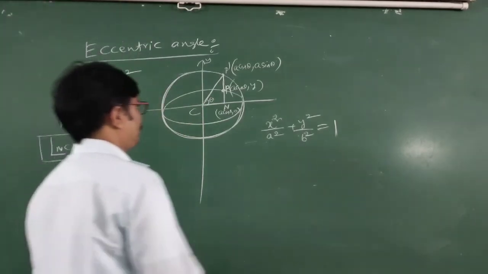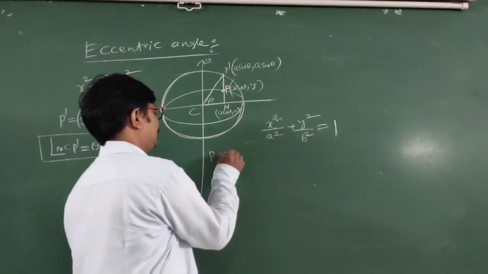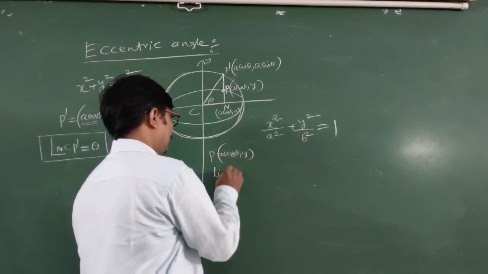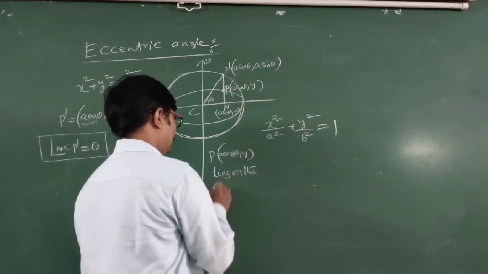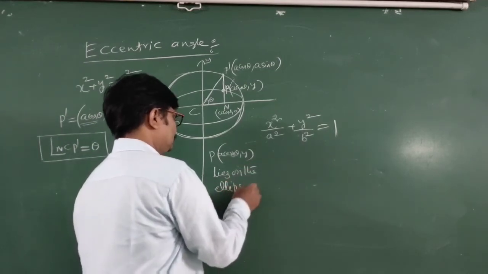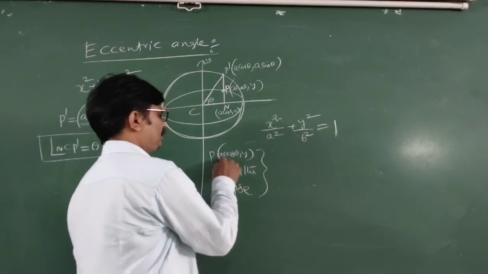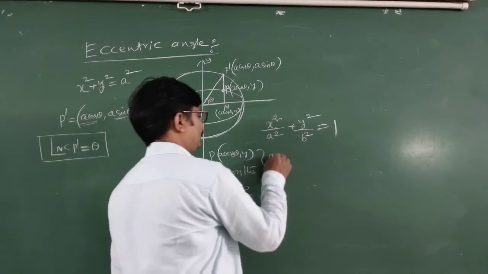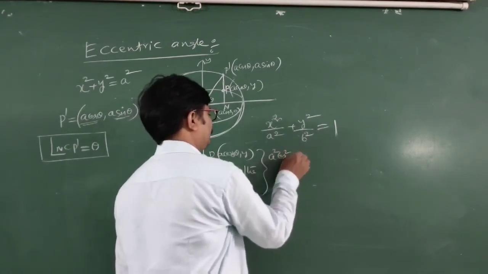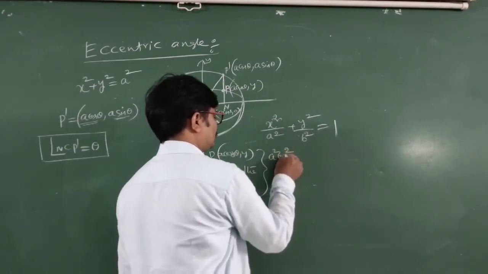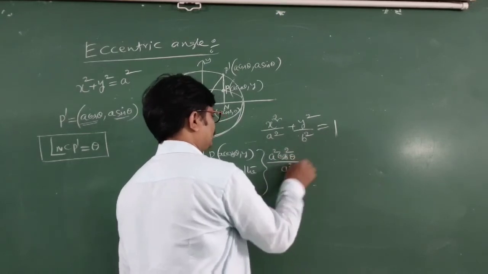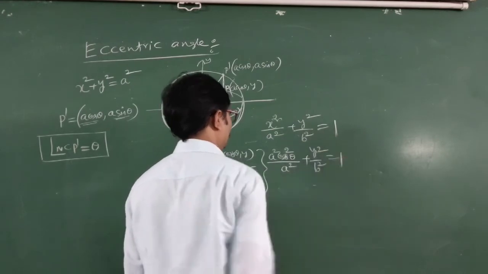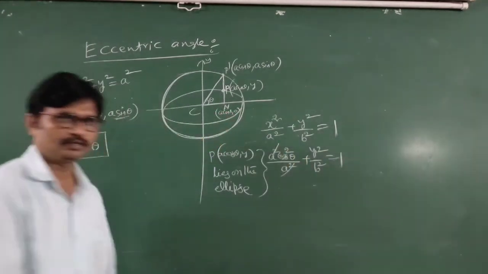My dear students, P, a cos theta comma y, lies on the ellipse. So substituting here, a square cos square theta upon a square, plus y square by b square. Dear students, these are cancelled.